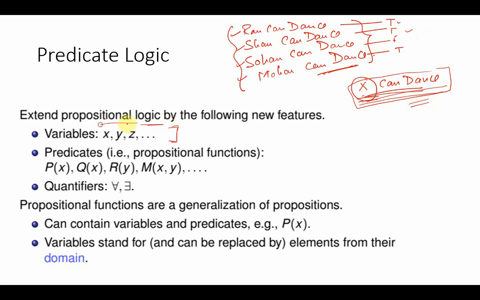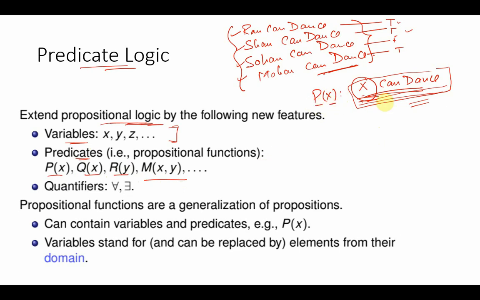So predicate logic extends propositional logic by adding variables and predicates. Now we designate this by using P of X or Q of X, R of Y, M of X, comma Y, and so on. So this can be represented as, let us say, P of X, where P is the predicate and X is the variable.